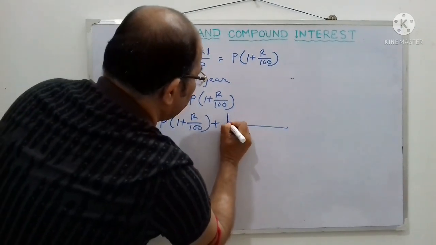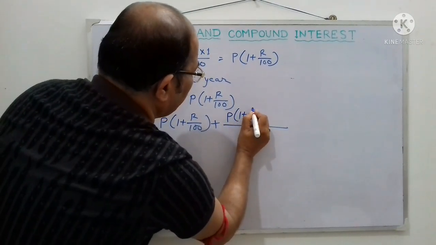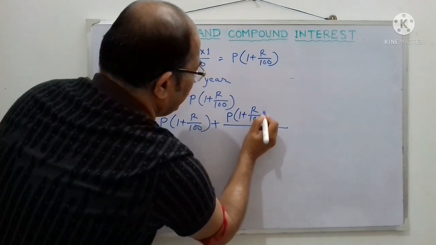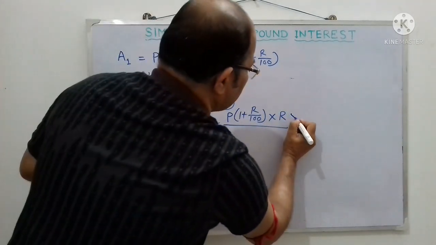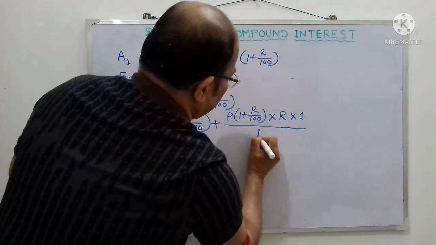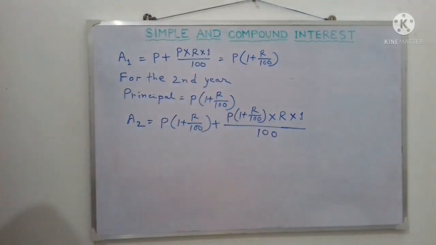So here principal is P into 1 plus R by 100, into rate of interest R, into time 1 year, divided by 100.